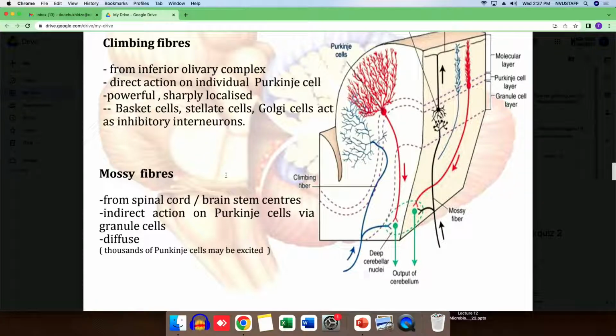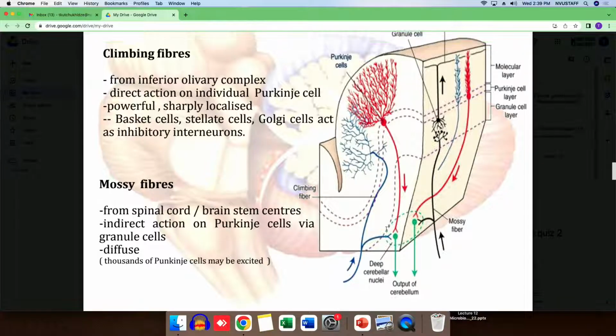We are having our climbing fibers. Our climbing fibers are coming from the inferior olivary complex. Their direct action is usually on our Purkinje cells, and they are giving a really clear and sharp impulse to the Purkinje fibers.